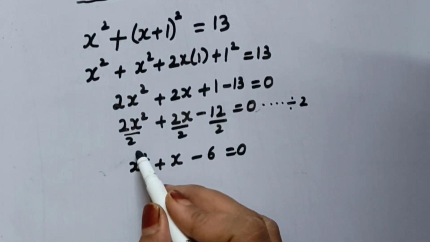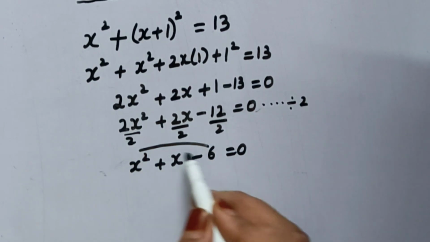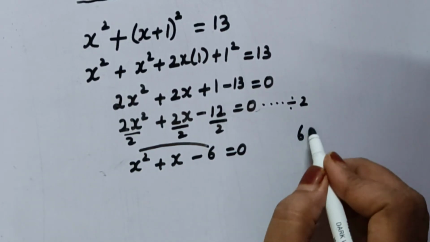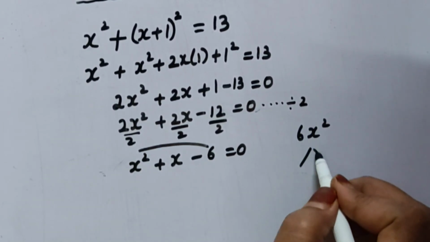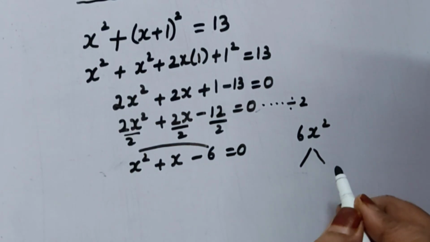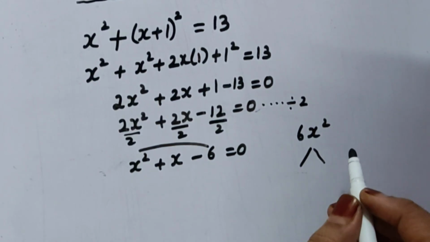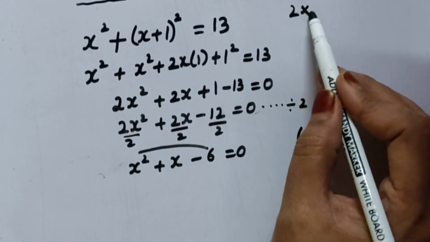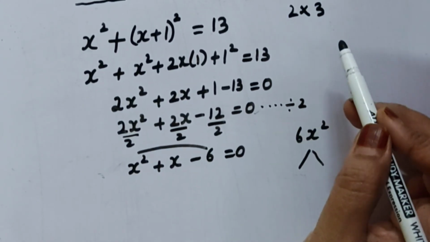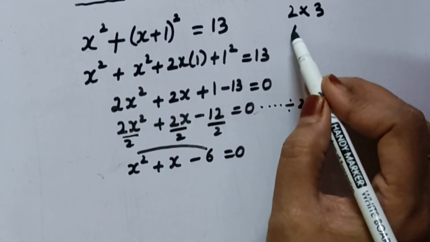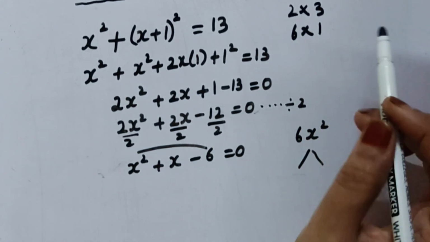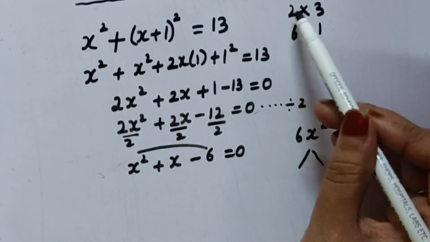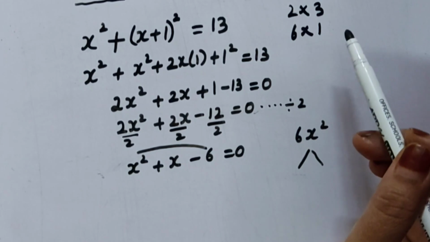Okay, let us multiply the first and last term. We get here 6x square. We need to check the factors of 6. The factors of 6 are 2 threes or 3 twos, then 6 ones. Okay, these are the factors of 6, which go in the 2 table, 3 table and 6 table as well.